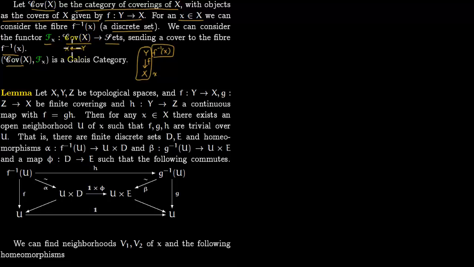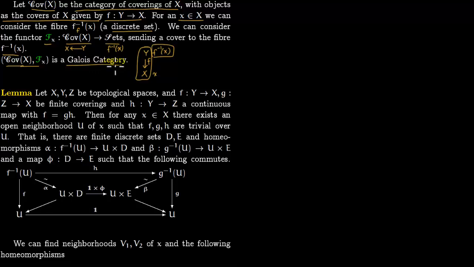So Y is a cover of X, and corresponding to this point X, you land in sets, which is F inverse of X. You feed in F and you get F inverse of X. What we are trying to say is that this particular thing with this fundamental functor is a Galois category.